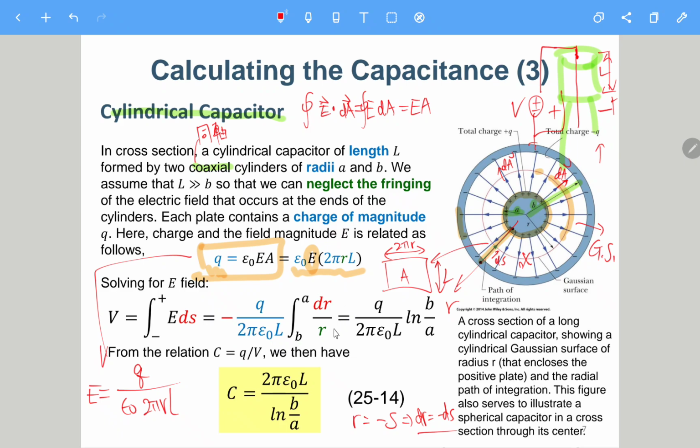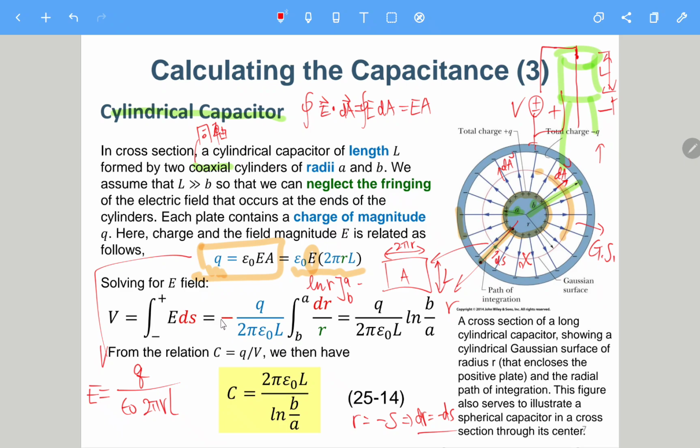Okay, so here we can do the integration. This integration is easy because this is just 1 over r, which is natural log. And then we have a negative sign. So this is natural log of r, and then evaluate from b to a. So it is natural log of a minus natural log of b, which is natural log of a over b.